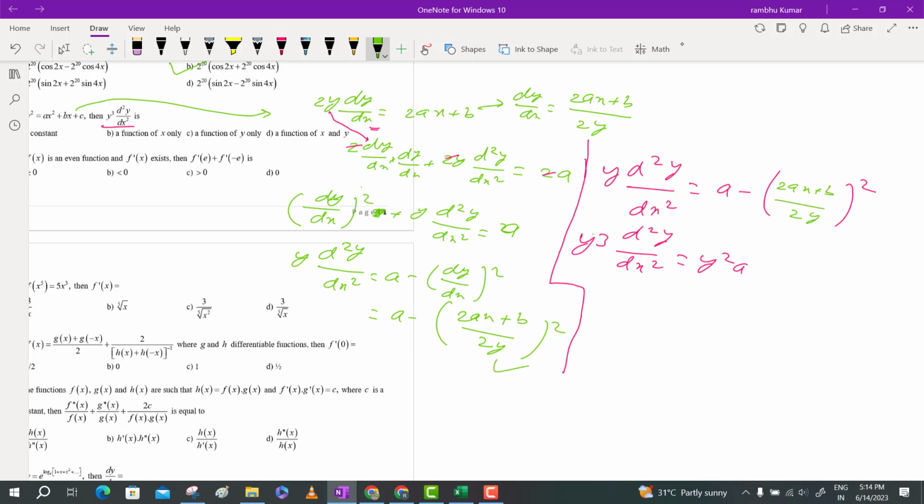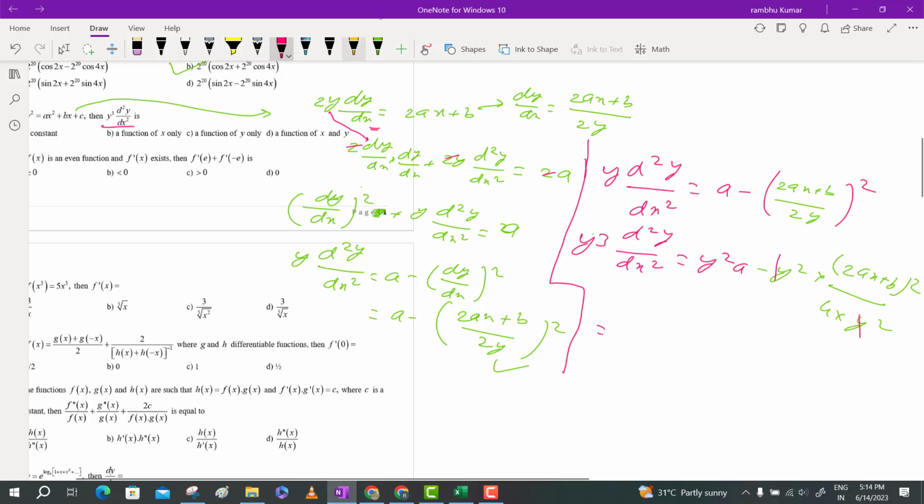So now y square into a, and this will become minus y square into 2ax plus b whole square divided by 4 into y square. So this y square and this y square will get cancelled out.